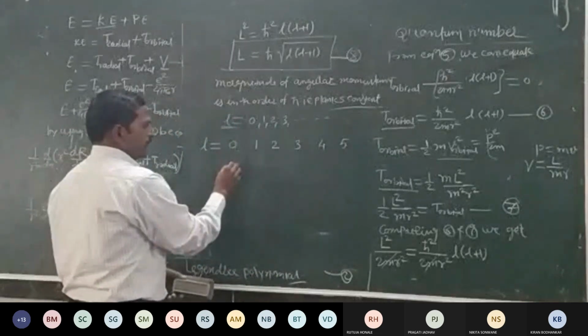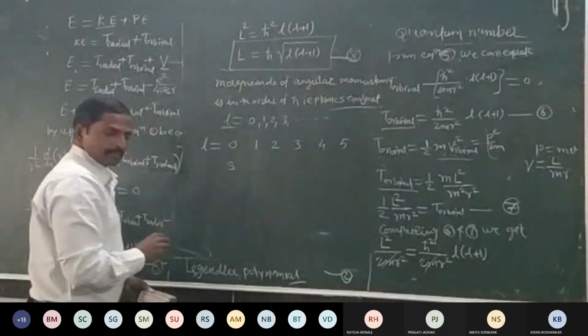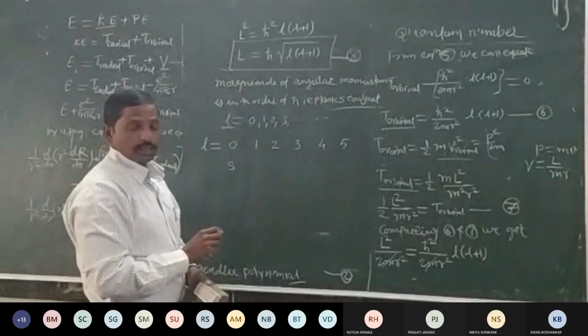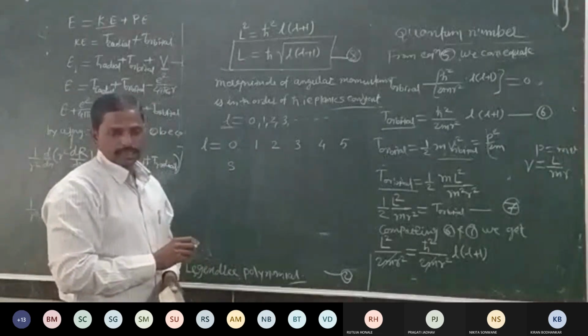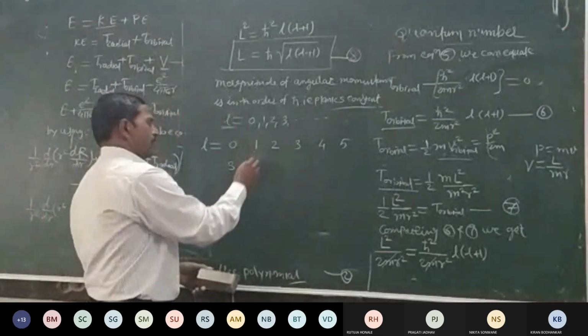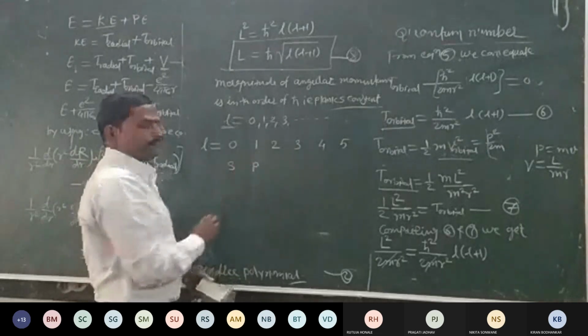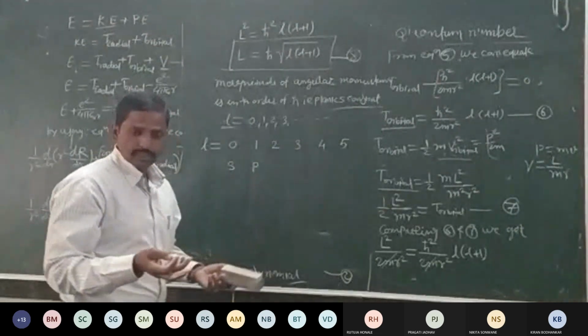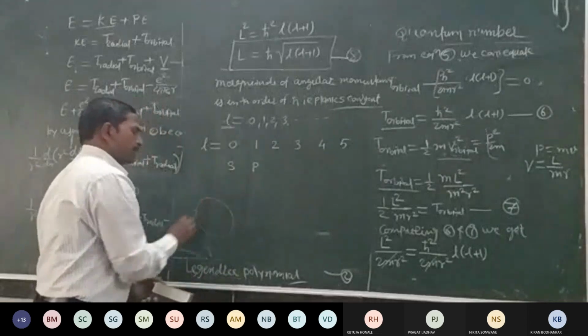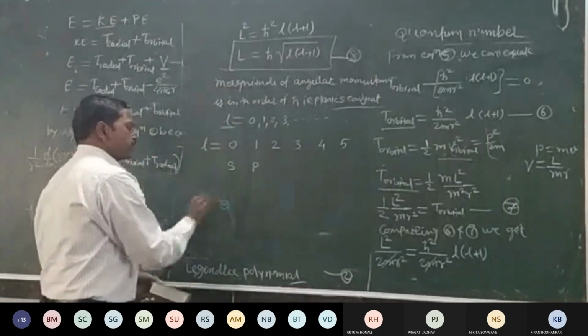So 0 indicates the s orbital. l is equal to 0 means we are in the s orbital. Okay? Then l is equal to 1 means we are in the p orbital. What does it mean? Electron in the p orbital, electron in the s orbital. Okay?